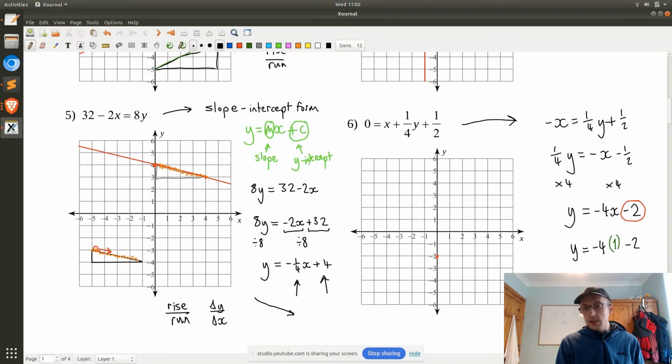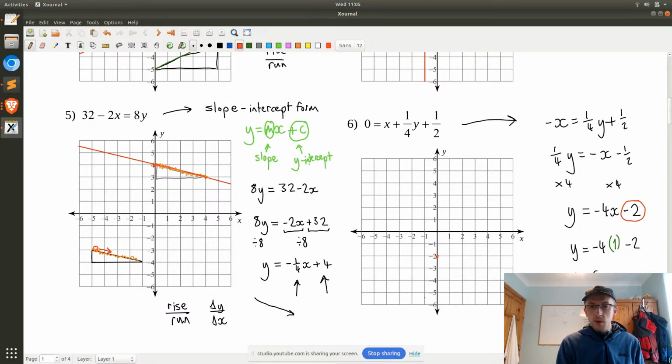And as a result, -4 times 1 is -4, and -4 take 2 is -6. So at 1, the y value is -6. So I have a second point. 1, -6.